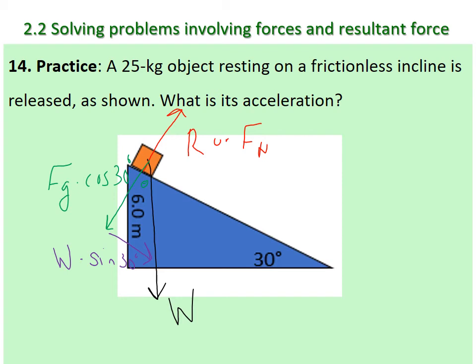So I'm going to get the force, and I'm looking for acceleration. This W sine 30 degrees, because there's no friction, is the net force acting on the object. There's no friction to oppose this. So the object is just going to accelerate down. Okay, let me just write it like this to start. I'm not going to do it all in one fell swoop.